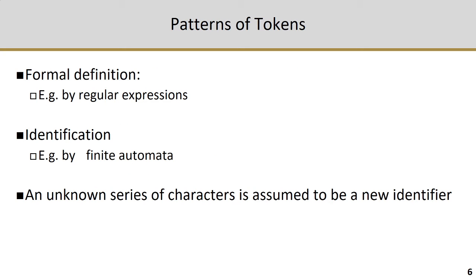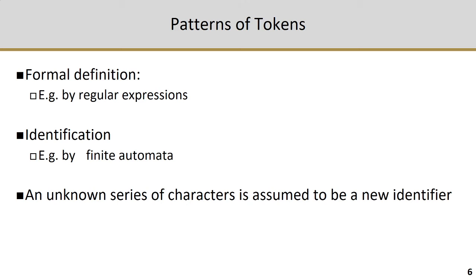So, how can the patterns of tokens be given and identified? Typically, since we are at the very beginning of the process executed by a compiler, we are going to apply as simple tools as we can.